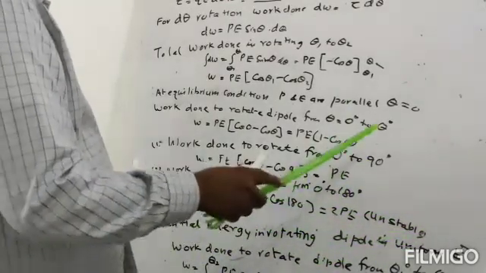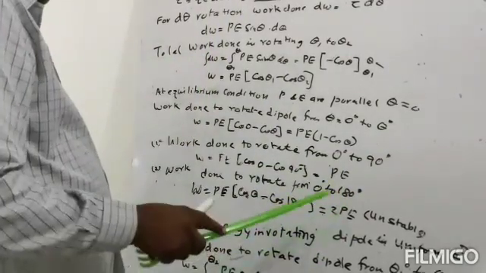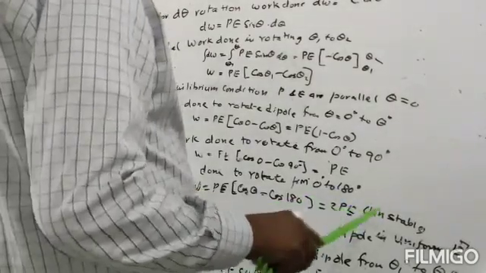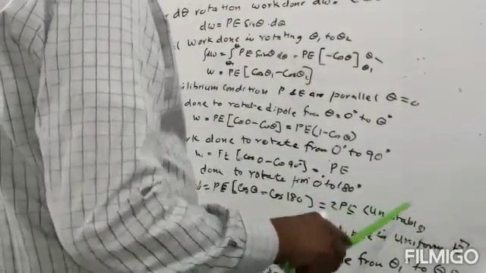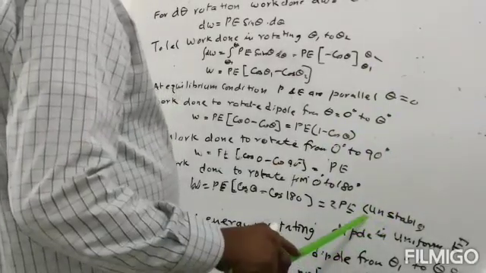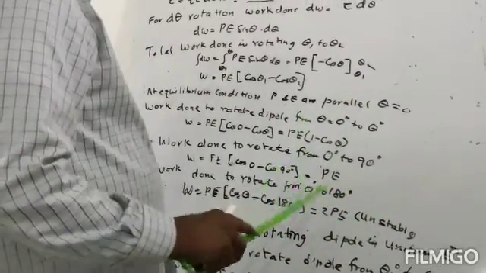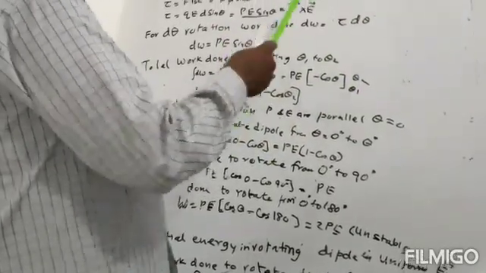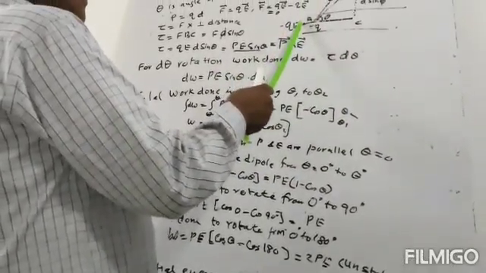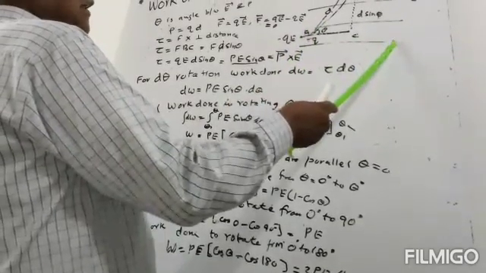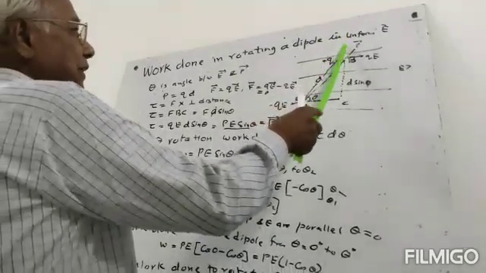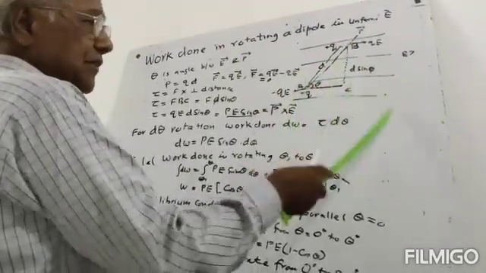This condition for the equilibrium will be when theta is equal to 0. The most unstable condition will be when the dipole is in the opposite direction, meaning the negative charge is in the direction of the electric field, and P and E are in the reverse direction.